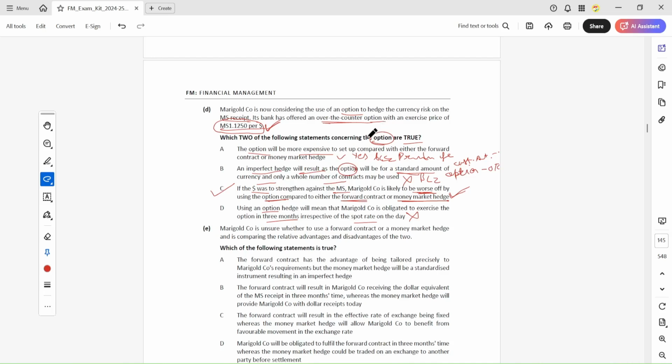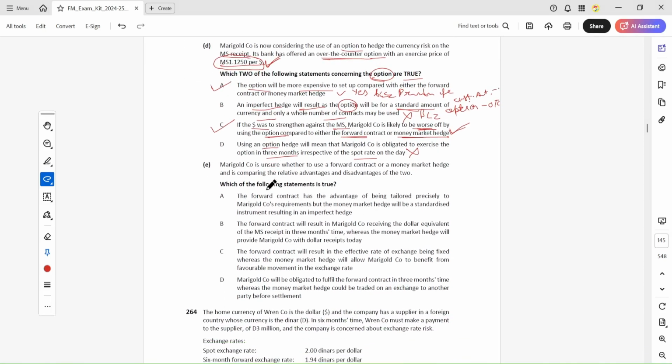It is an option, not an obligation. This is incorrect. These two are the correct ones. Marigold company is unsure whether to use a forward contract or money market hedge, and is comparing the advantages and disadvantages of the two. Which of the following is true? Okay, so the following is true.